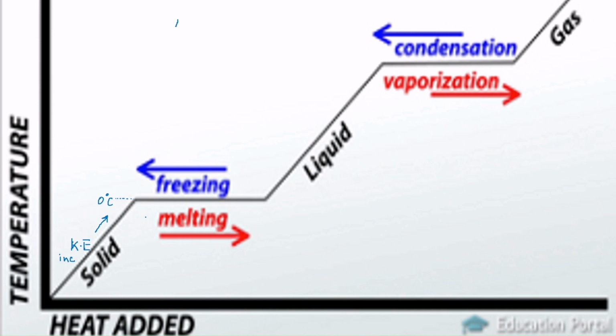Here, that extra energy does not increase the kinetic energy of the particles. Instead, the particles use this energy to overcome the forces of attraction which are present between them. As a result, a change in state occurs over here.